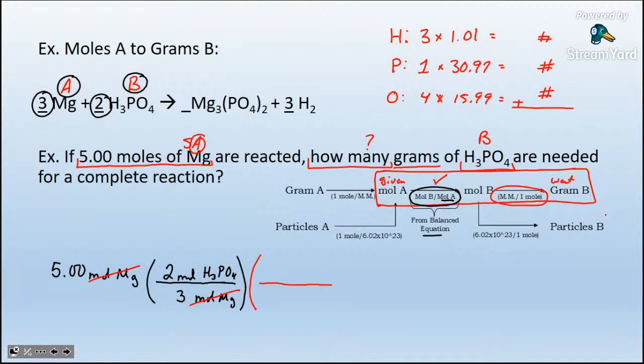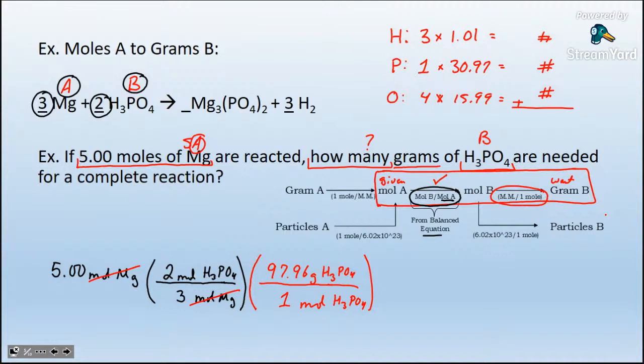And what I find for the molar mass of phosphoric acid is that there are 97.96 grams of H3PO4. And because it's a molar mass, that is always per 1 mole of that particular substance.